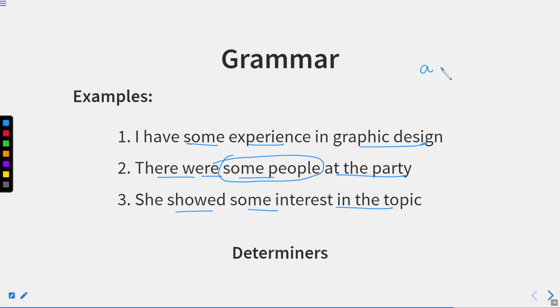So some means a little or a few. If it is used with an uncountable noun, it behaves like a little. And if it is defining a countable noun, it behaves like the expression a few. Now let us move further.